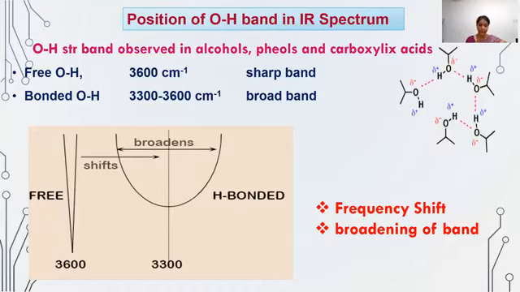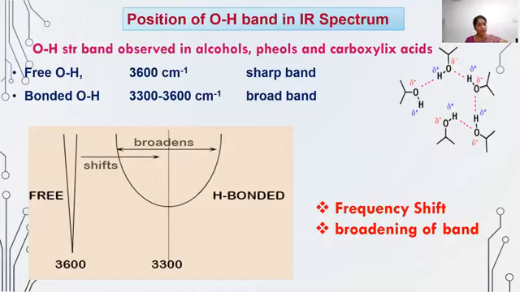What is the reason for the change in the shape of the curve? Why is it broadened? When molecules are hydrogen bonded, several molecules are connected to each other by oxygen and hydrogen, and they may have different forces of attraction, that means different values of force constant, so they absorb different amounts of energy.